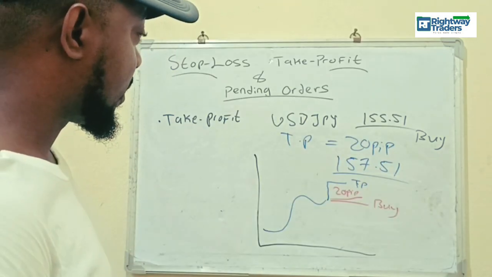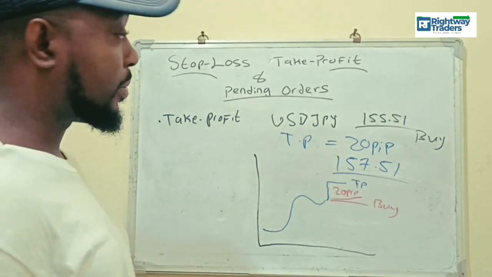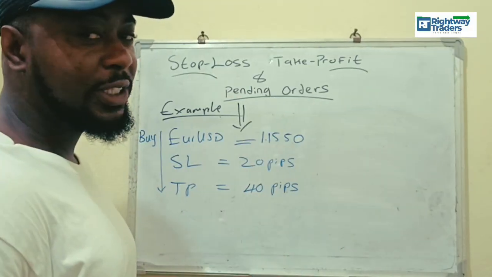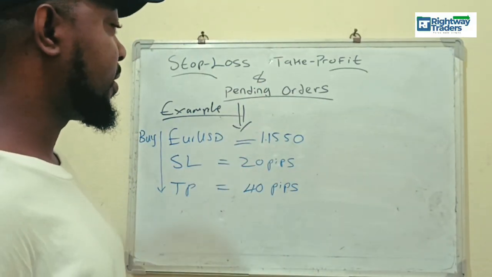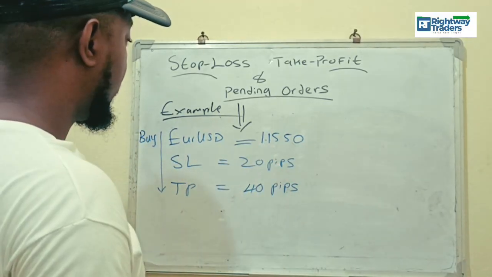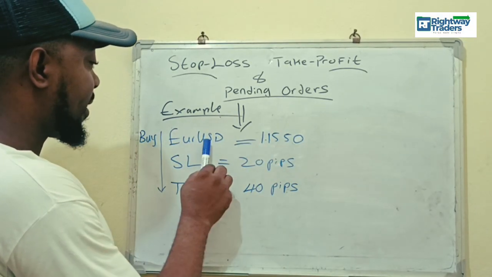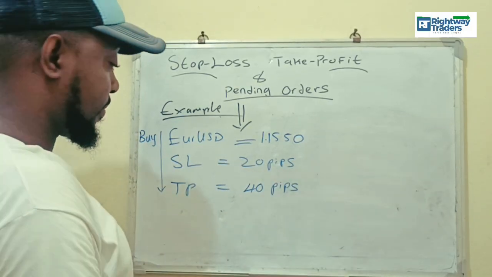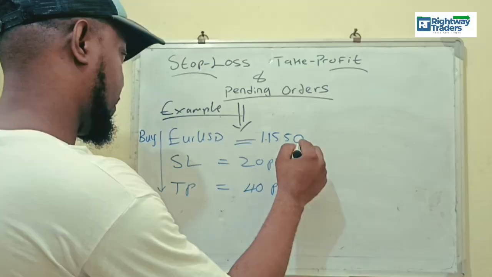Okay, that being said, let me give a perfect example that will illustrate all of the things I just said. Now watch this perfect example that explains these three terms. Let's say this is a signal that you got, and you are asked to buy the EUR/USD at 1.1550 price.